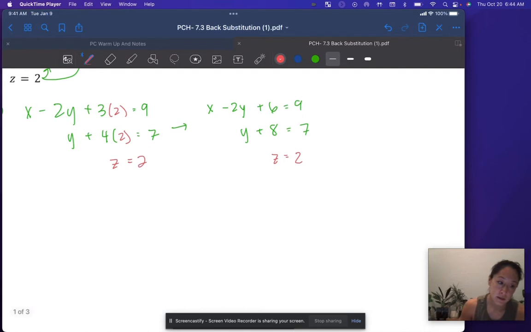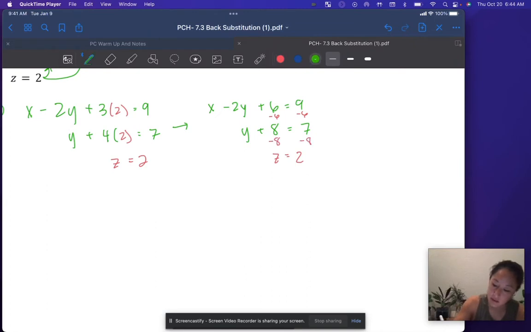Okay, so I'm going to go ahead and subtract 6 and subtract 6 and subtract 8 and subtract 8. So I get x minus 2y is equal to 3, and y is equal to -1, and z is equal to 2.